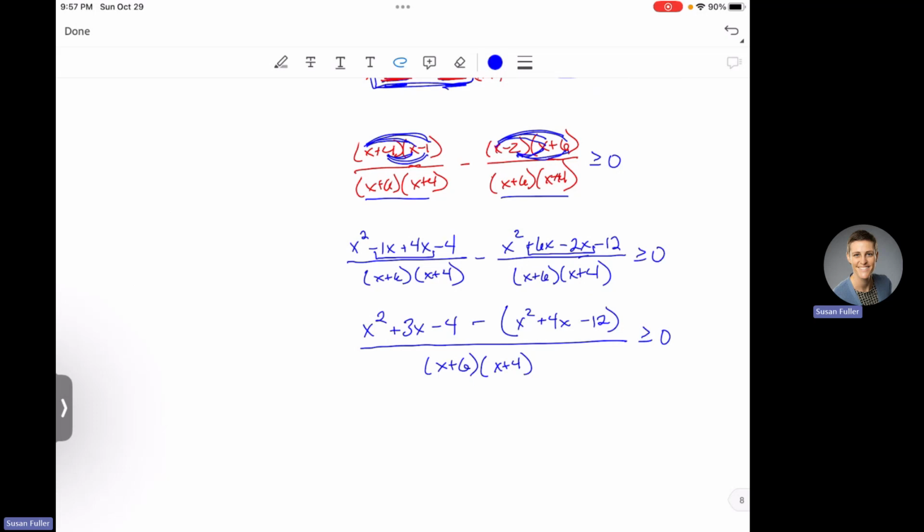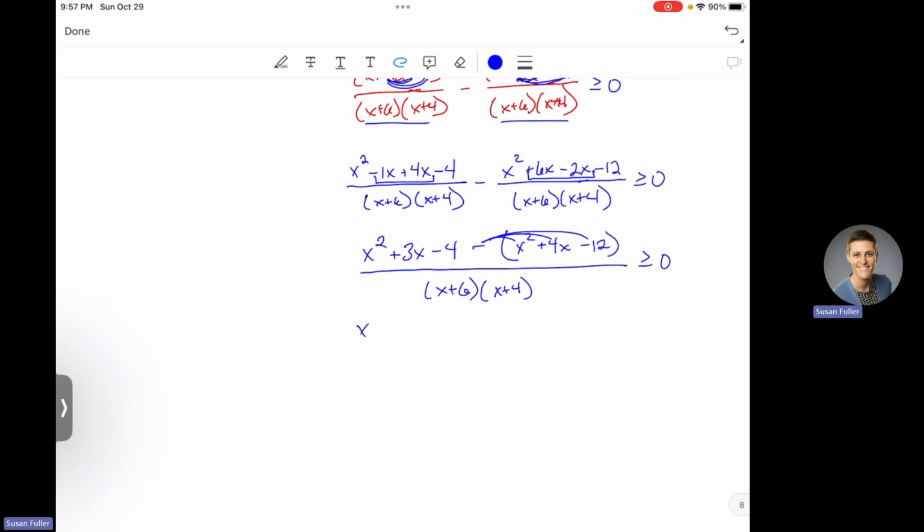Okay. And then don't forget to distribute this negative. And so we are going to have x squared plus 3x minus 4 minus x squared minus 4x plus 12 all over my beautiful common denominator is greater than or equal to 0.